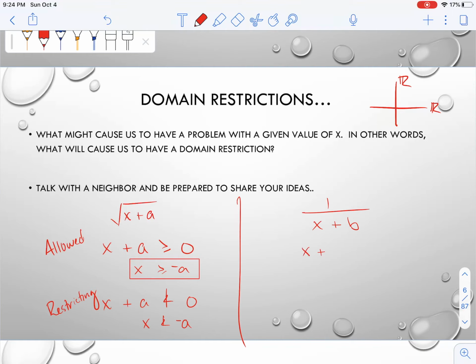So x plus b cannot equal 0. And when I solve that, in this case, I would find that x cannot equal the opposite of b. I could either write it like this, or I could write it in interval notation. But for right now, let's just leave it as x cannot equal negative b. If I'm restricting a single value out, we're just going to list the values that it cannot equal.